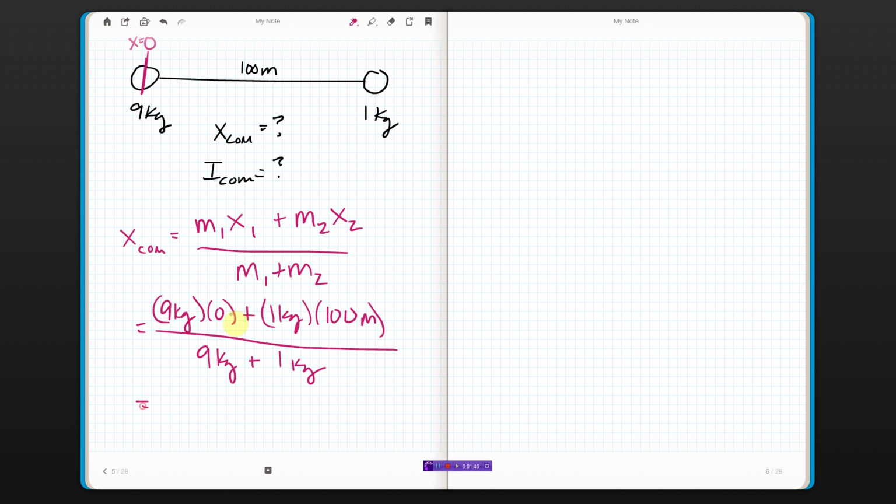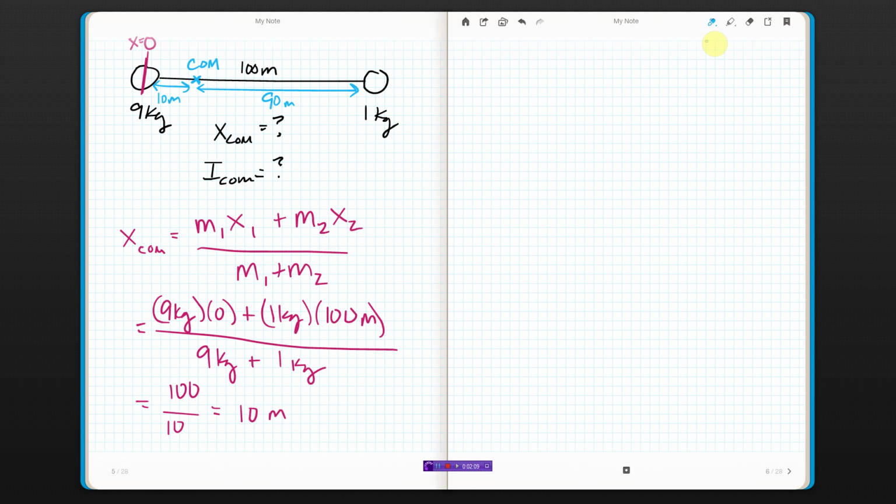And what I end up with is 1 times 100, so 100 over 10, which, as you hopefully know, is 10. So the center of mass is right there, 10 away from the 9 kilogram, which means that it is 90 meters away from the 1 kilogram.